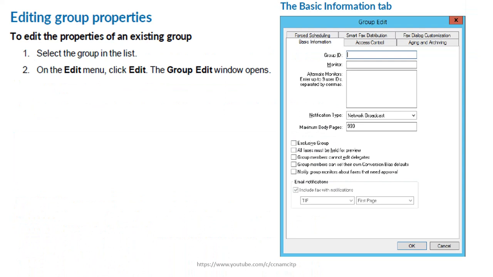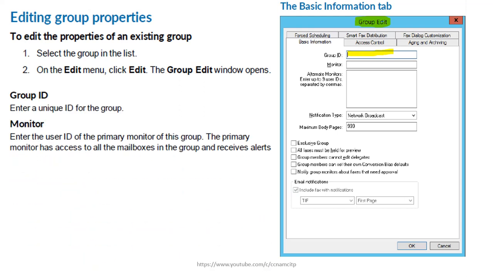So guys, in basic information we need to give the group ID. This is the edit window for that group. You need to give the group ID and monitor. The monitor option tells you to enter the user ID of the primary monitor of this group.